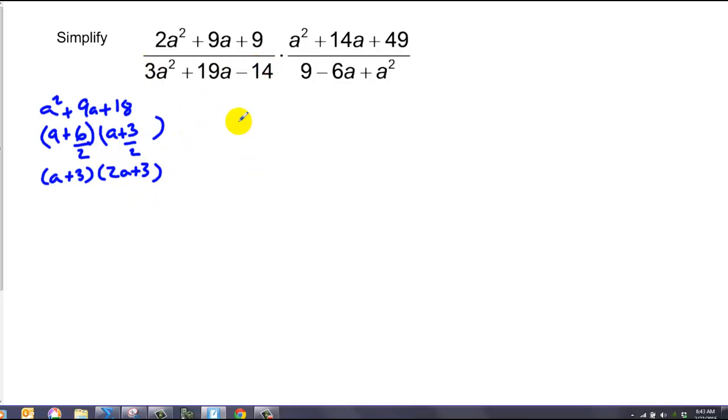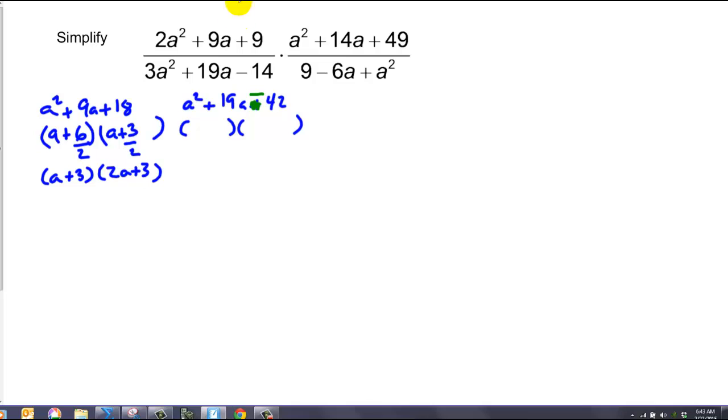Now I'll do this next term. We've got a squared plus 19a plus 42, and what multiplies to 42? So this guy right here is a negative.